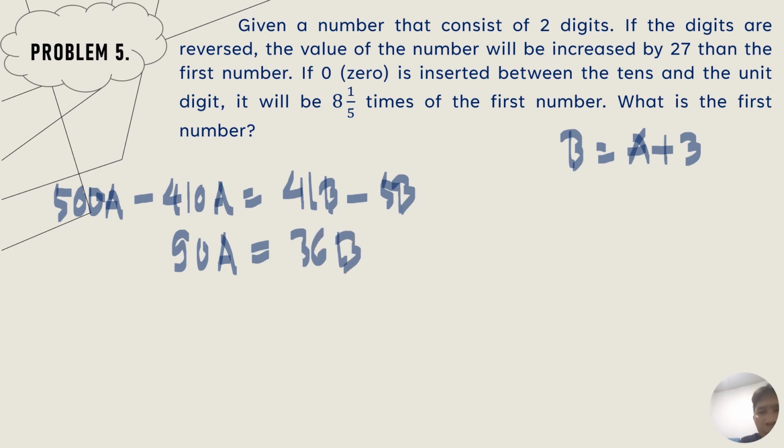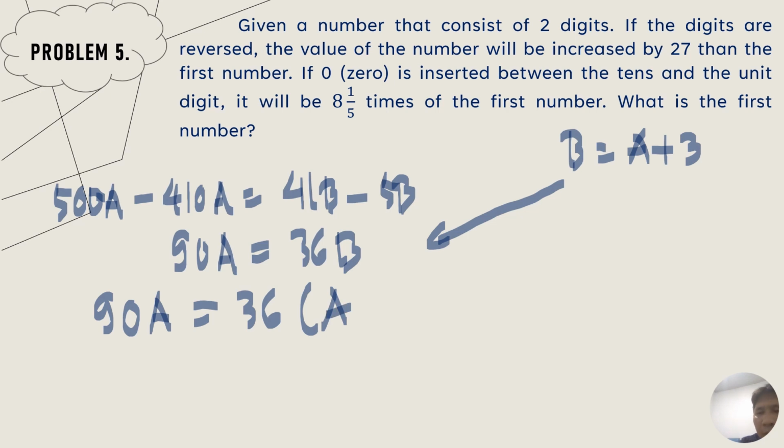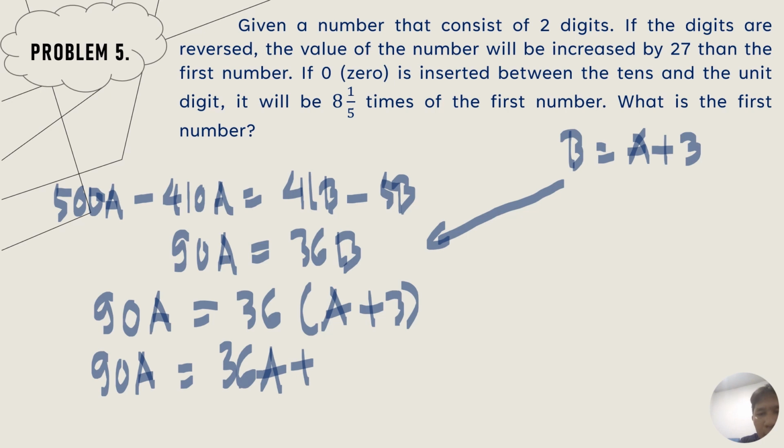And after that, we're going to substitute the value of B. This is 90A equals 36 times B, replace with A plus 3. Then here we have 90A equals 36A plus 108.